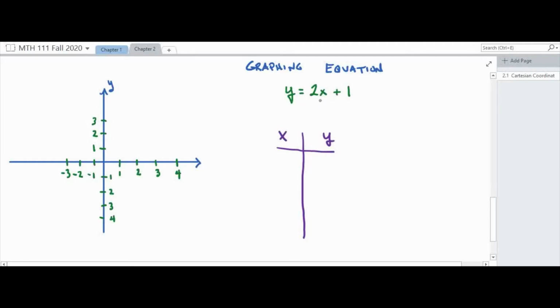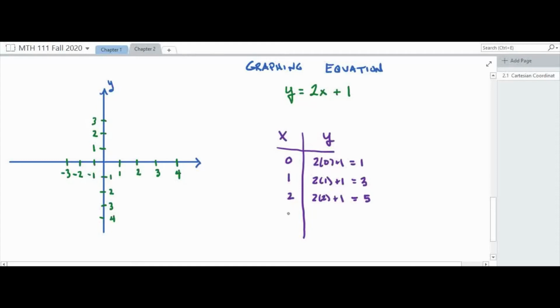So when x is 0, y is 2 times 0 plus 1 equals 1. When x is 1, y is 2 times 1 plus 1, that's 2 plus 1 is 3. Do one more in the positive. When x is 2, y is 2 times 2 plus 1 equals 5.